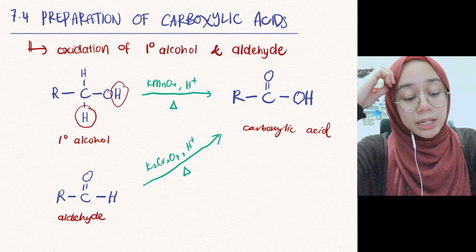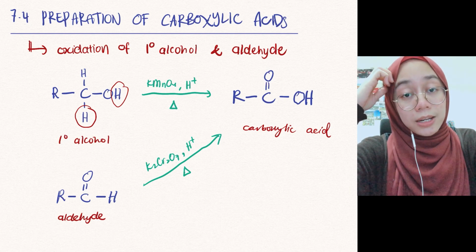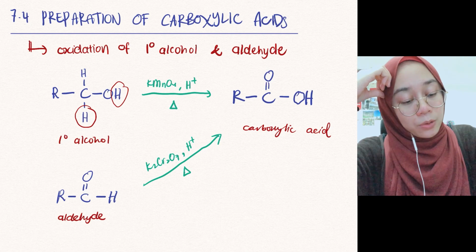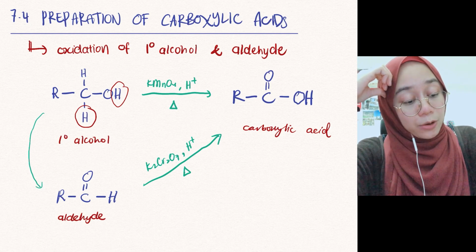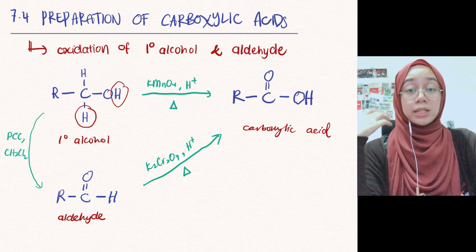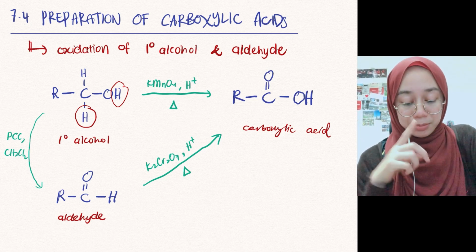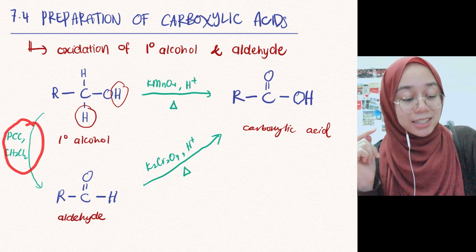Okay, remember Miss said earlier that primary alcohol with different types of oxidizing agent will give you a different product. Because if we use a mild oxidizing agent on this alcohol, what will we produce? We will produce aldehyde. Using what? Using PCC. PCC in what? PCC in CH2Cl2. Okay, so there we will produce aldehyde. It looks clear now, right? If we use a mild oxidizing agent, you will produce aldehyde.